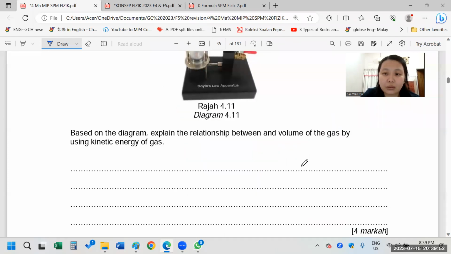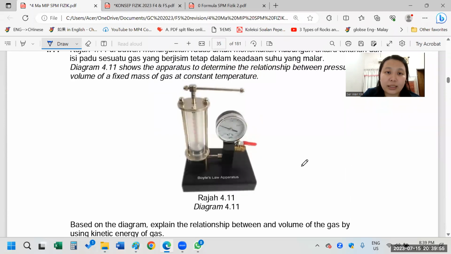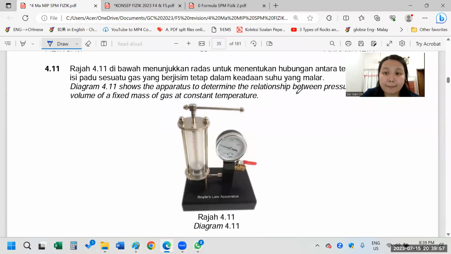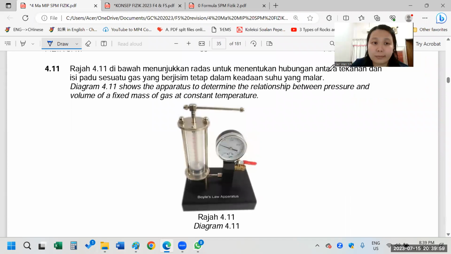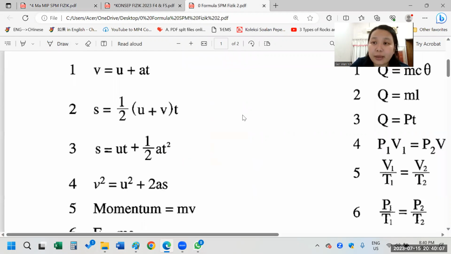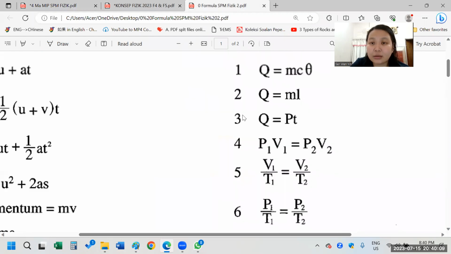Okay, so now for these questions, when they mention pressure and volume, then fixed mass, we need to think back. Okay, so we have Q equals MC theta, Q equals ML, latent heat, specific heat, and this one is Q equals Pt.